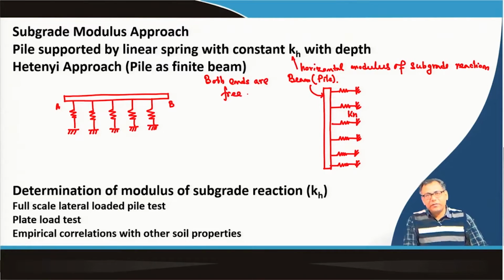When we apply a load on this finite beam, we first treat it as an infinite beam and determine the bending moment and shear force at ends A and B due to the external load.